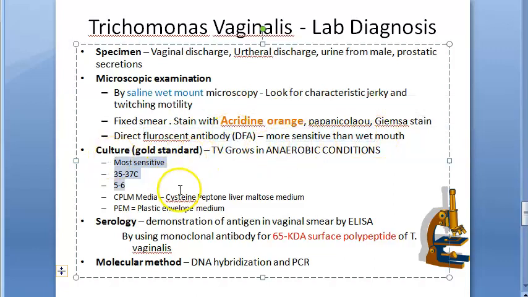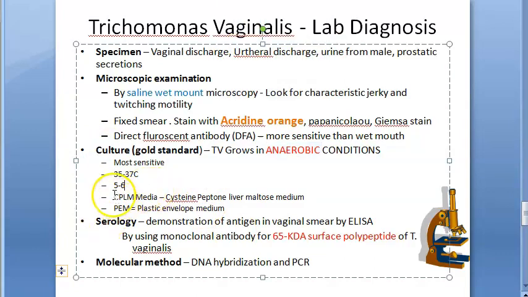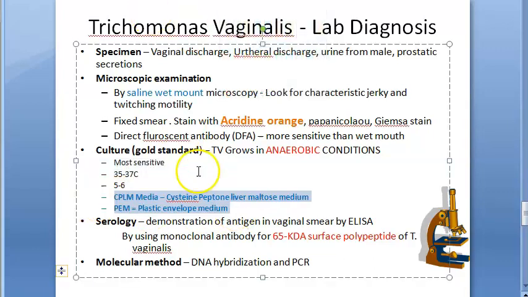Gold standard is the culture actually. You will give it anaerobic conditions, very important. The media you will use are CPLM media, that is cysteine peptone liver maltose medium, and PEM, that is plastic envelope medium. So these are the media you will use for Trichomonas vaginalis.